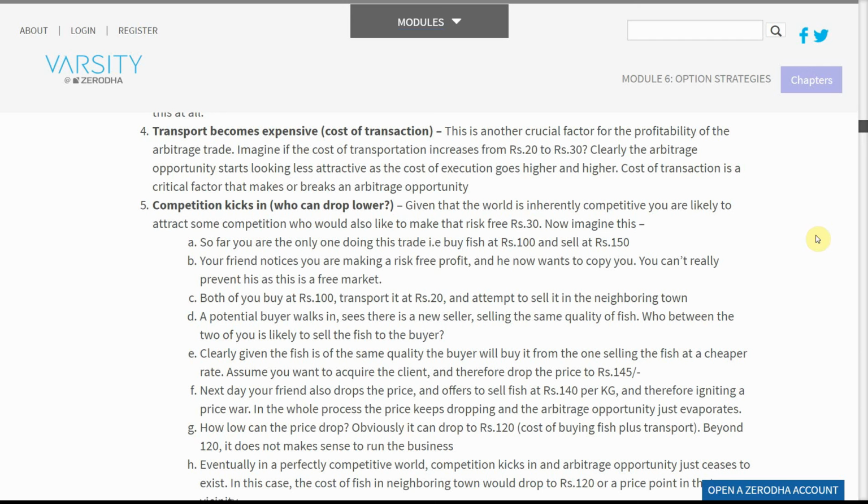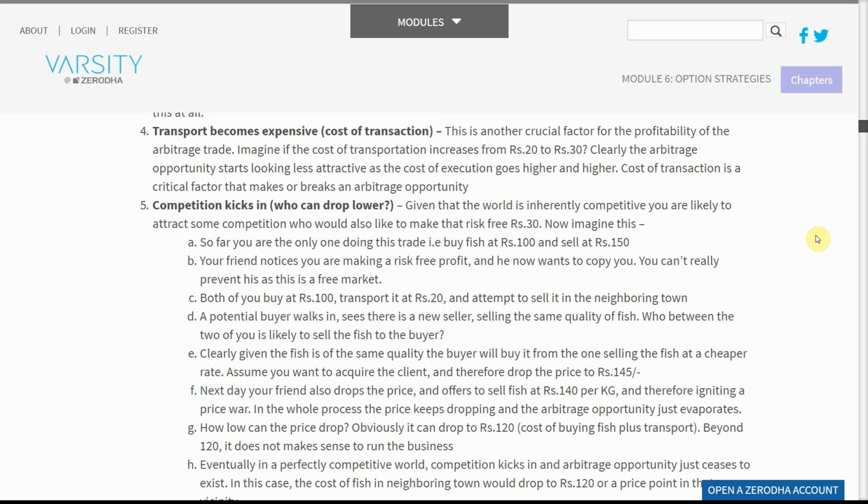You can't really prevent him, as this is a free market. Both of you buy at 100 rupees, transport it at 20 rupees, and attempt to sell it in the neighboring town. A potential buyer walks in, sees there is a new seller selling the same quality of fish.